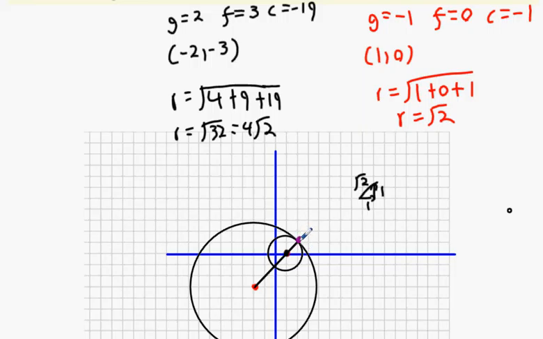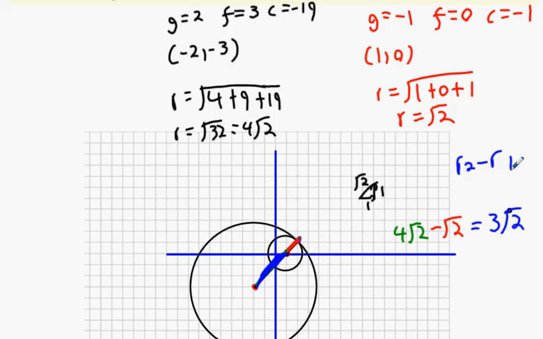Now, if the distance from here to here is 4 root 2, what's the distance from here to here? Root 2. And therefore, what should be the distance from centre to centre? 3 root 2. So this time it was actually R2 minus R1. So you just minus the differences in the radiuses. You minus the bigger one.